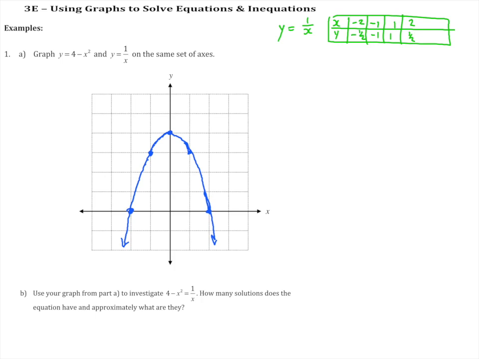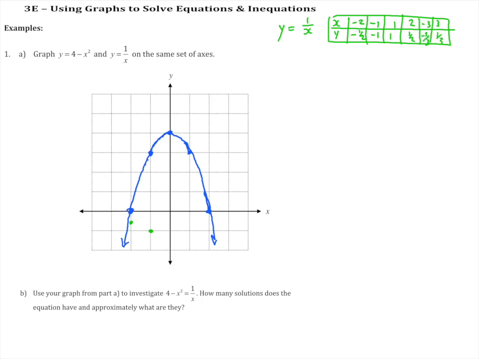So when I plot this, I go minus 2, down a half, minus 1, minus 1. I'll put an extra point in, probably a good idea, minus 3 and 3, be minus a third and plus a third.